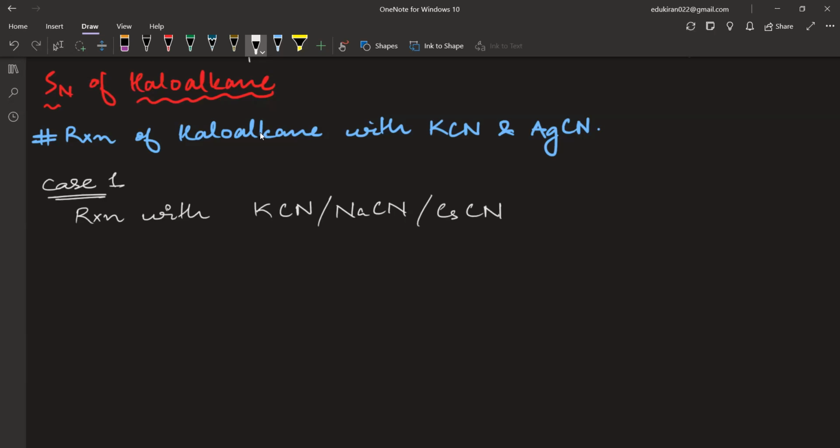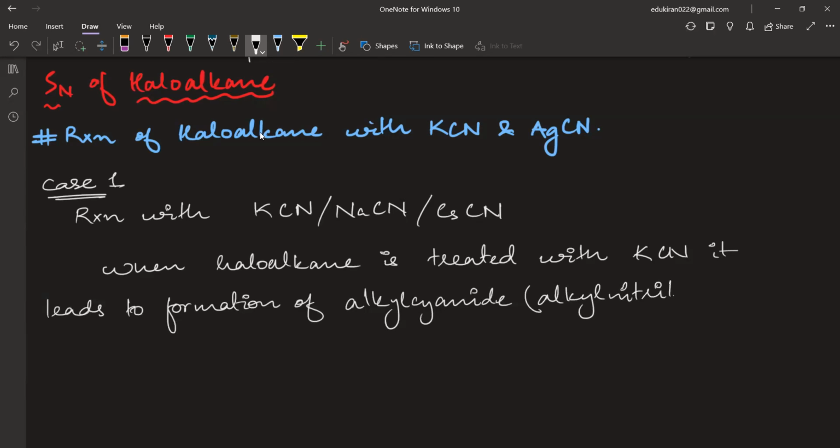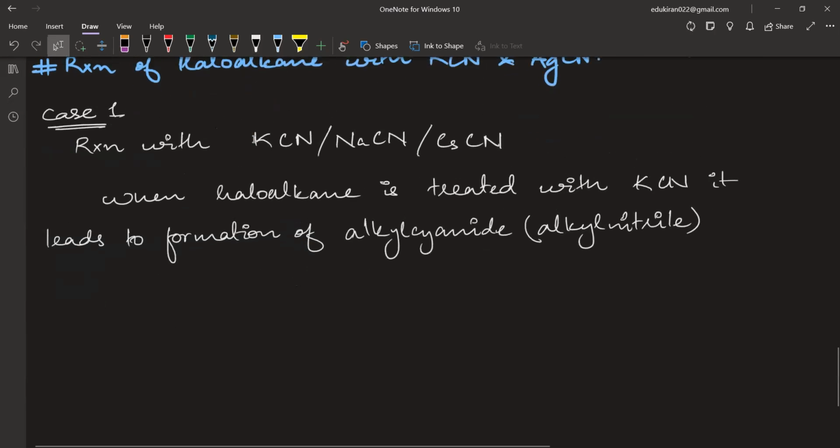Please write with me: when haloalkane is treated with KCN, I am taking KCN because it is there in your NCERT, it leads to formation of alkyl cyanide. It is also known as alkyl nitrile.